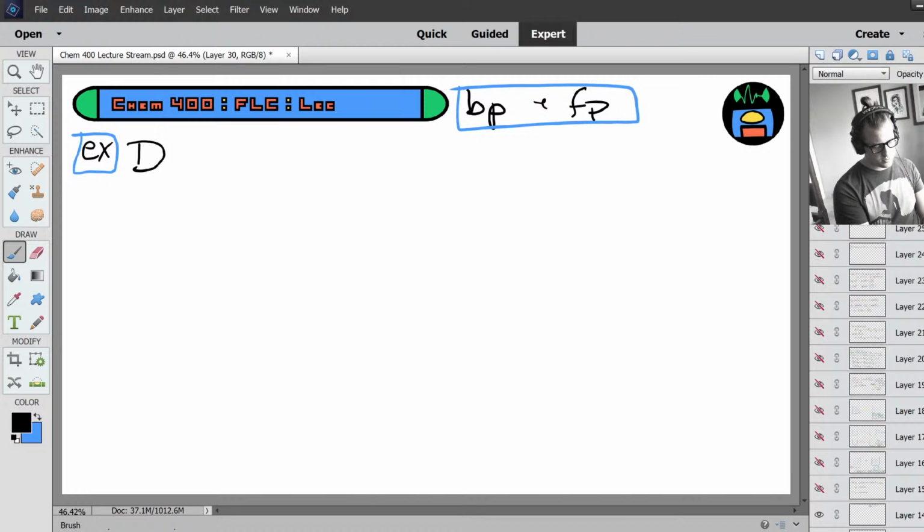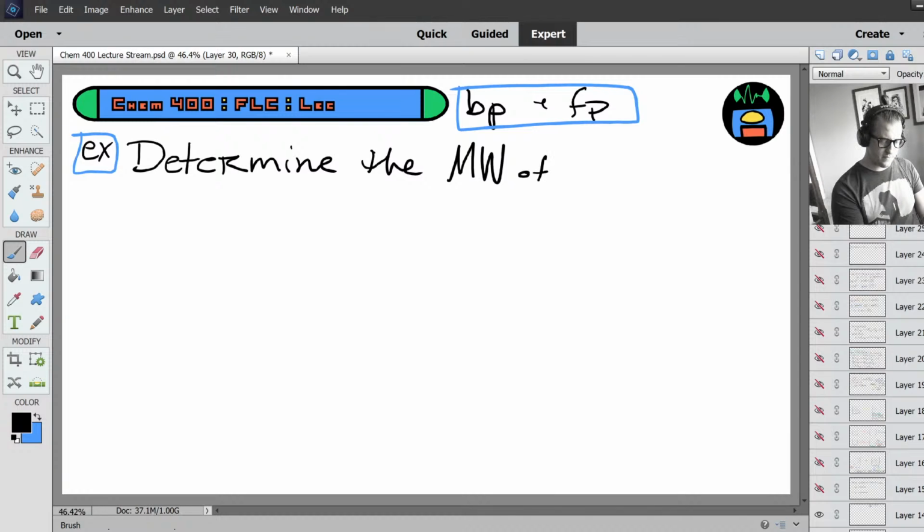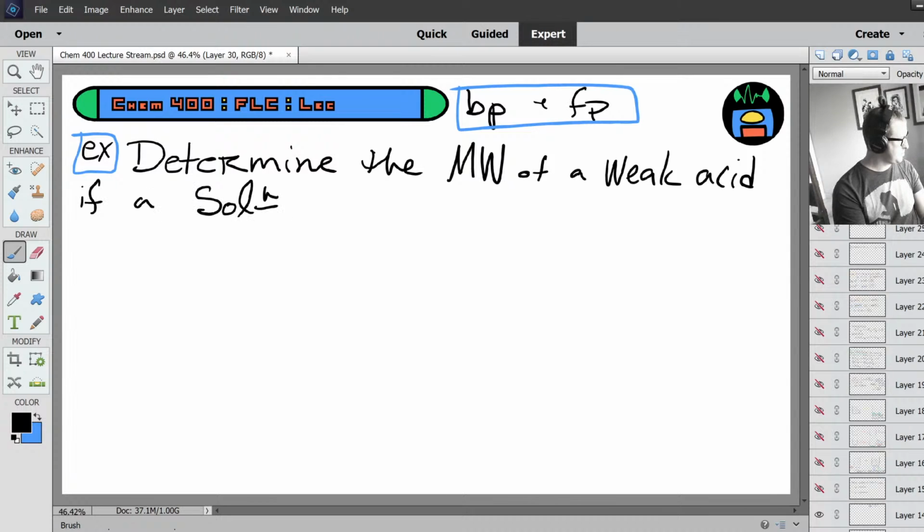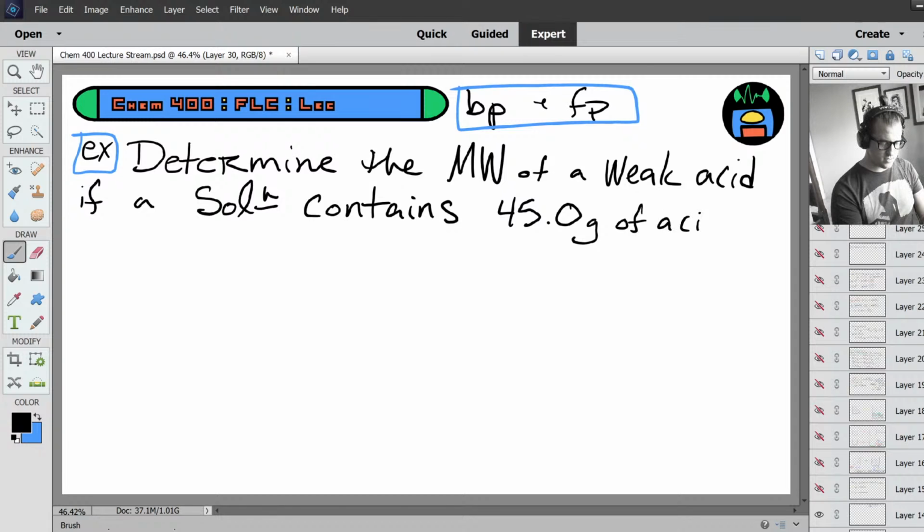So, determine the molecular weight of a weak acid if a solution contains 45.0 grams of acid per kilogram of solvent.